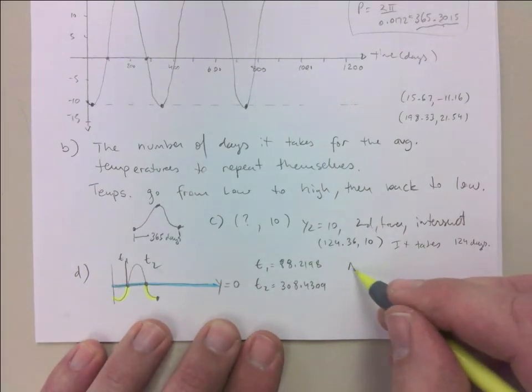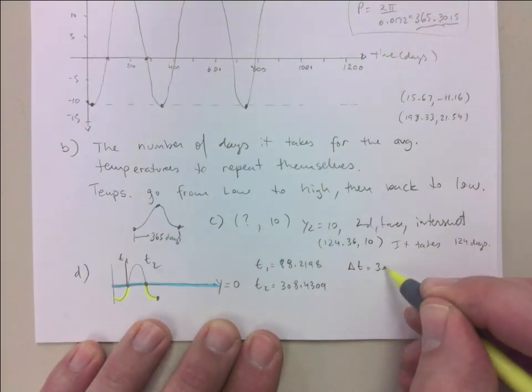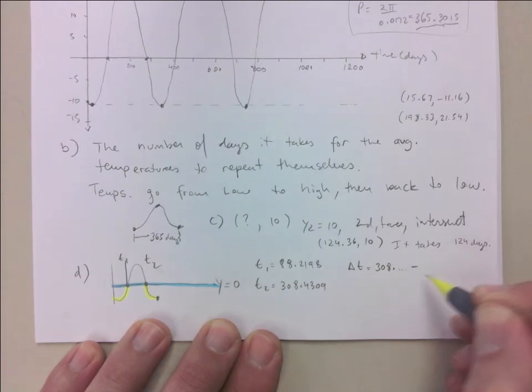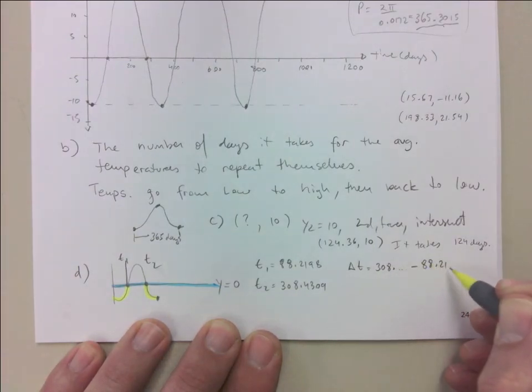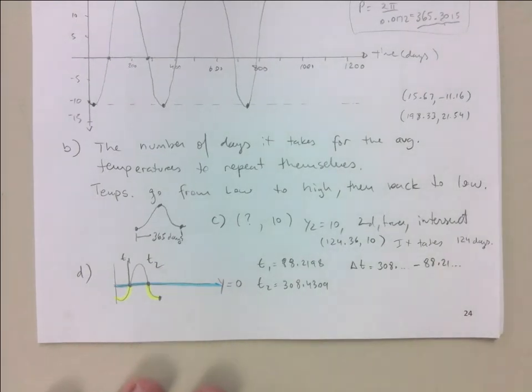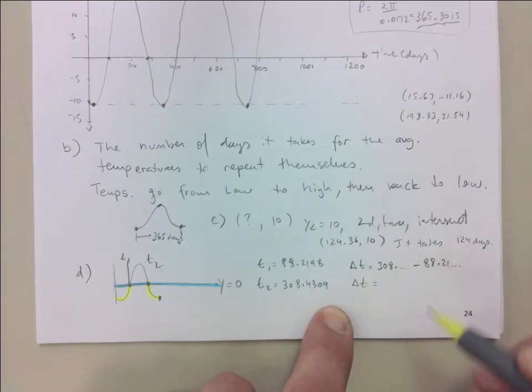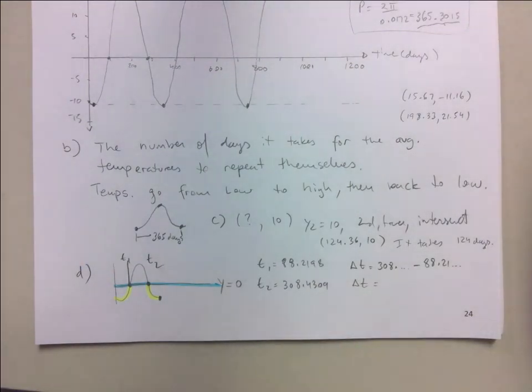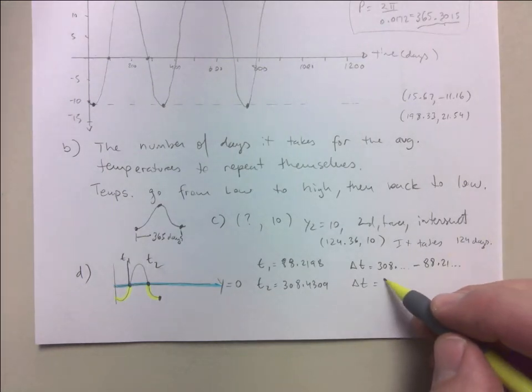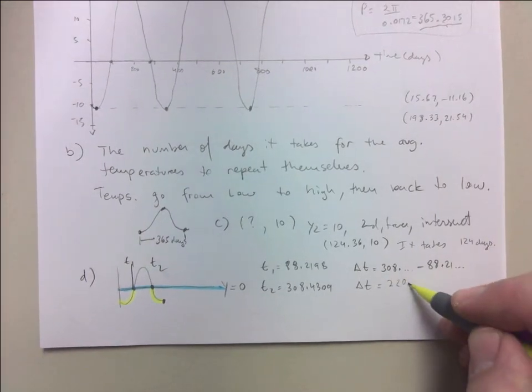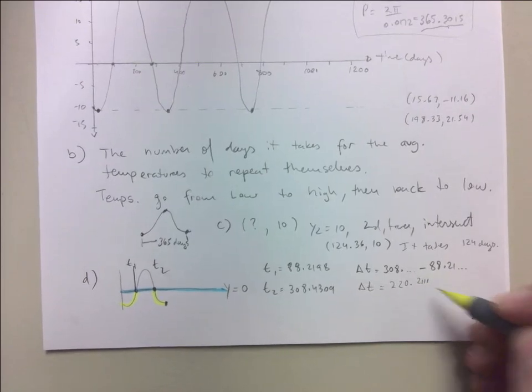So let's subtract first. This is 308 point something minus 88.21. You just have to read carefully on this. You would already get marks for this part. If you do this, delta T, you get 220.2111.